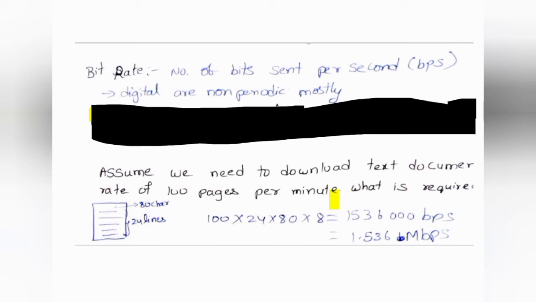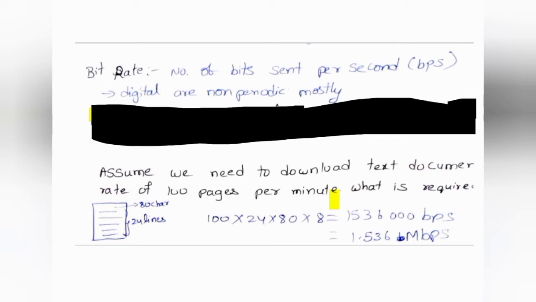Normally a page will consist of 24 lines, and each line may have a maximum of about 80 characters. So we multiply 100 pages by 24 lines by 80 characters.